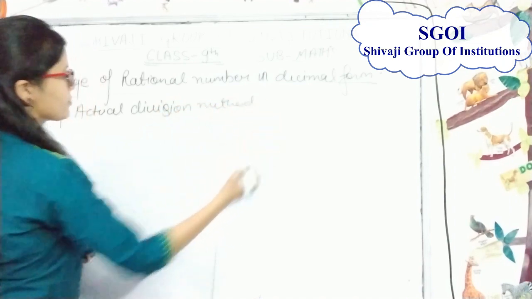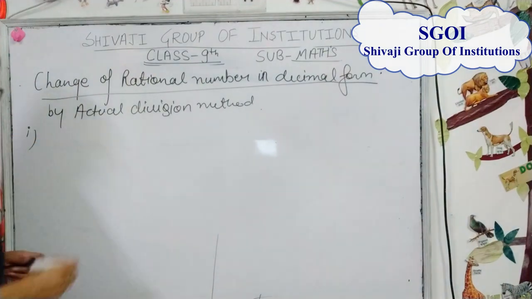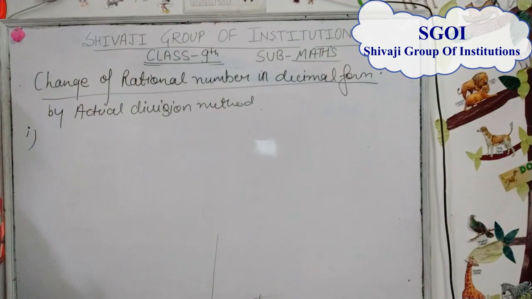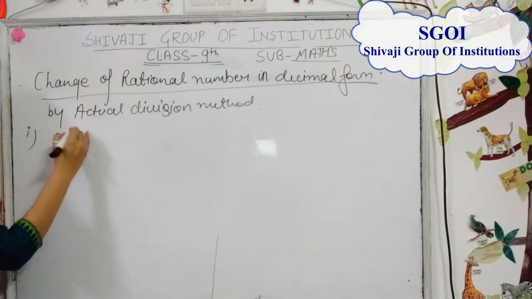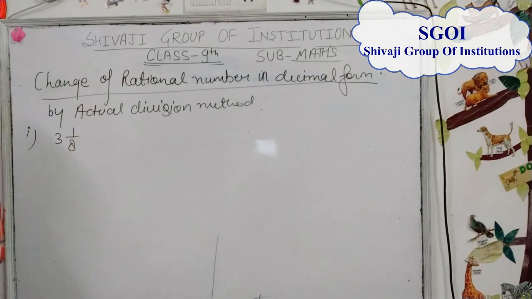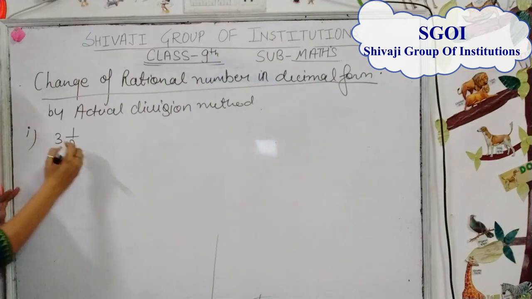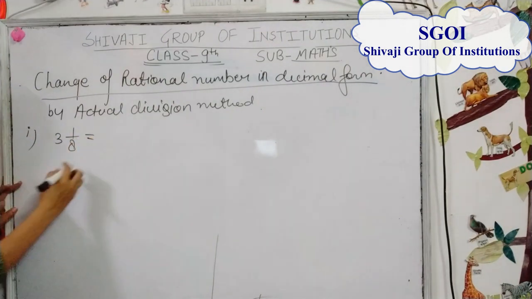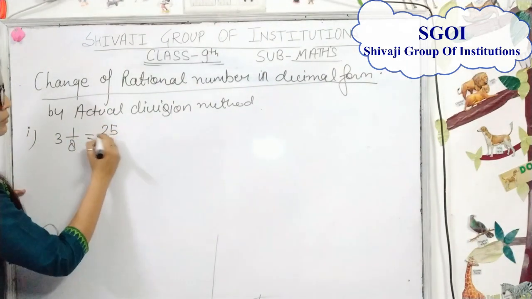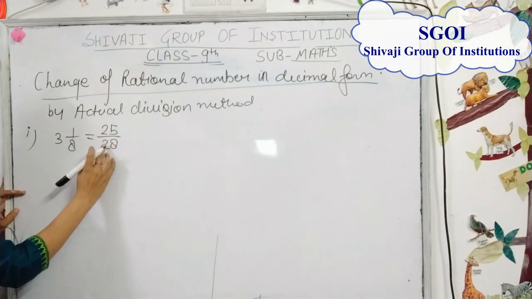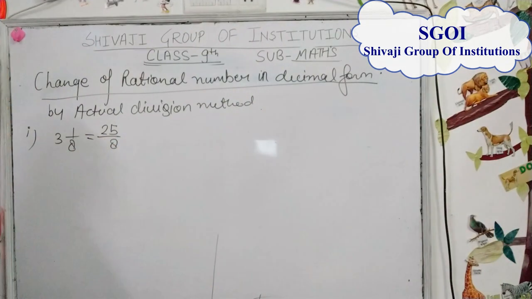Now the question is minus 3 whole 1 by 8. We know that this is in mixed fraction form. Firstly we change it, then it becomes minus 25 by 8.